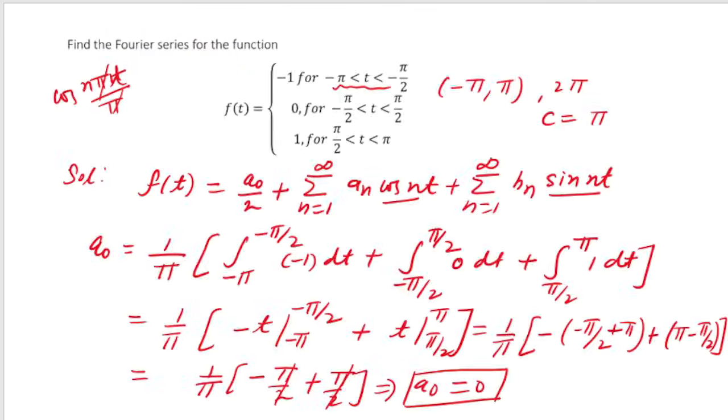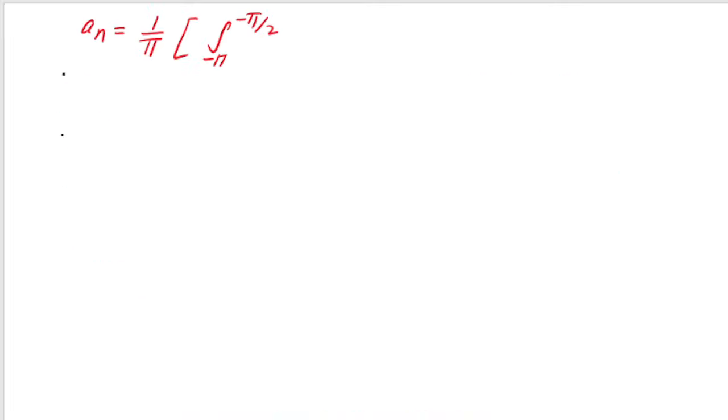So what is an? So an is 1 by pi, and here the interval is minus pi to minus pi by 2. In this interval the function is taking the value that is minus 1, so minus 1 cos nt dt.